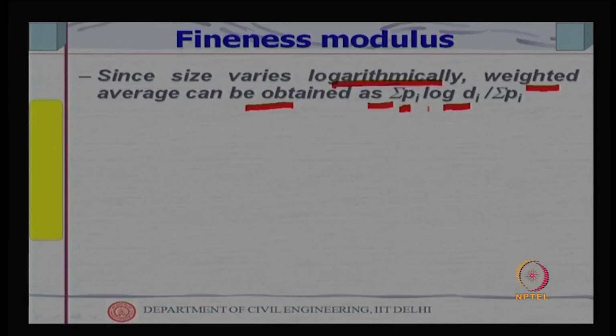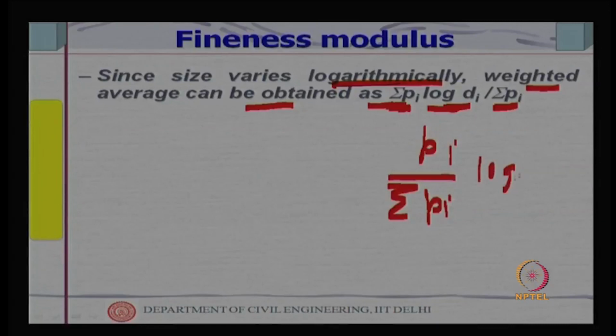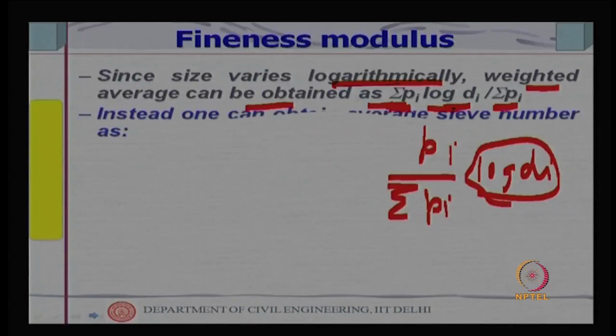I can't take the average size, so I take a weighted average size. Here pi is the proportion of total aggregate, so I talk in terms of pi divided by sigma pi log di. This is the weightage function, so log of diameter. This is what one can use.